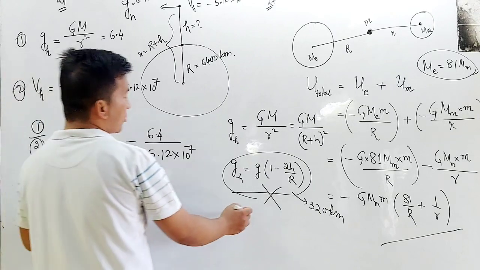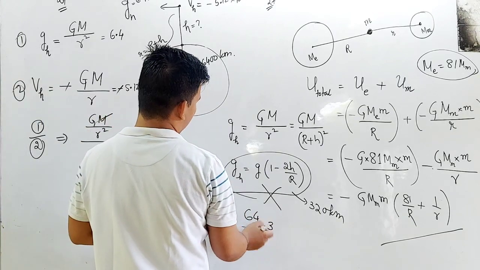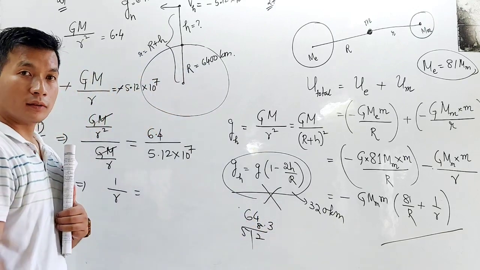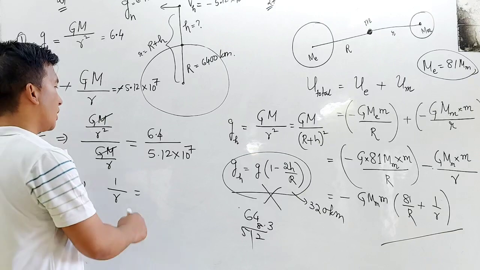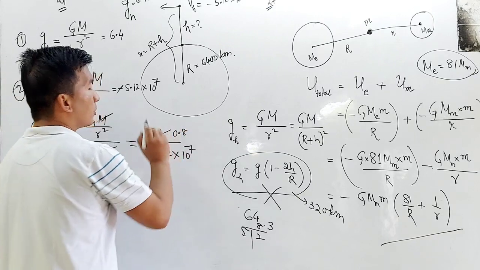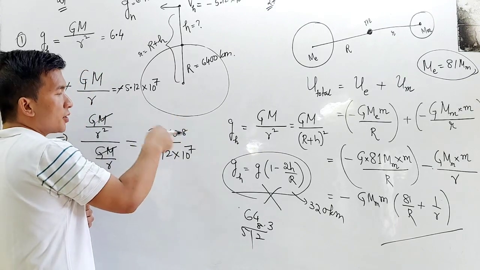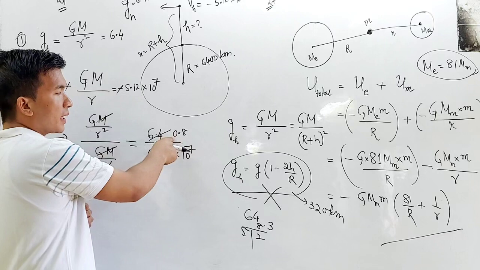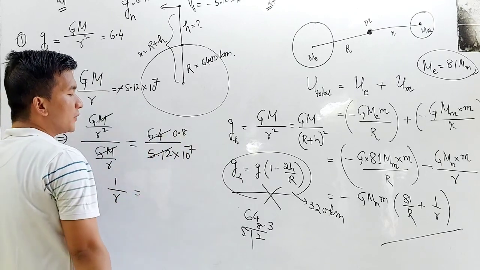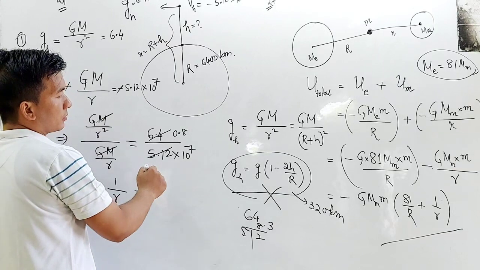64, 8 times. This is 0.8. 8 8s are 64, so we will be having 0.8.